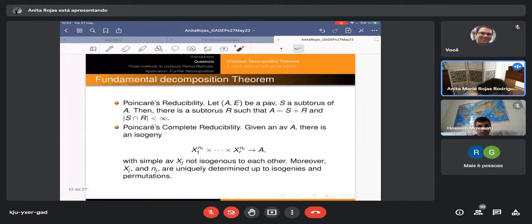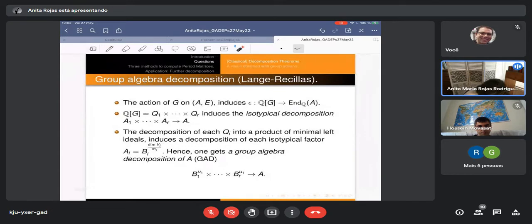With that goal in mind, to find the Poincaré decomposition, what do we have in hand? We have the so-called group algebra decomposition due to Lange and Recillas in 2004. It goes as follows.